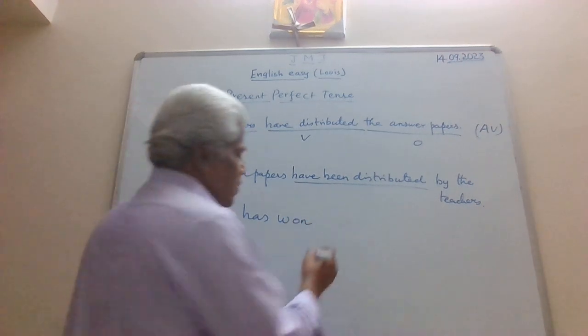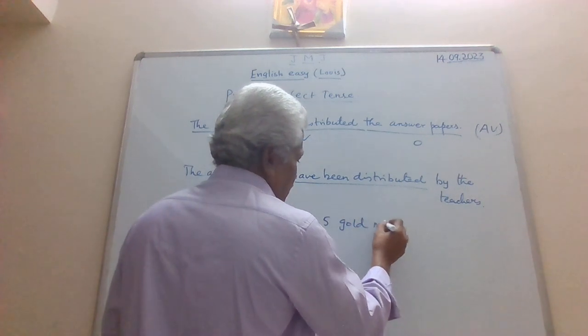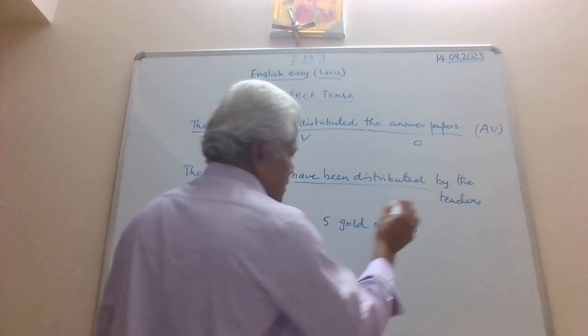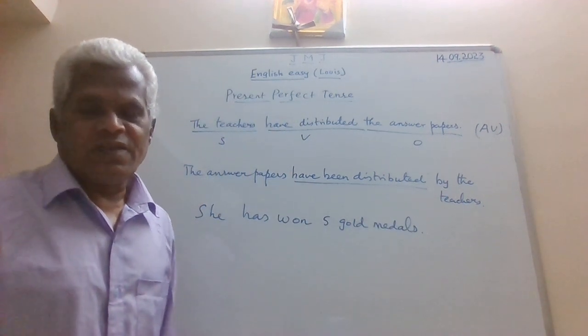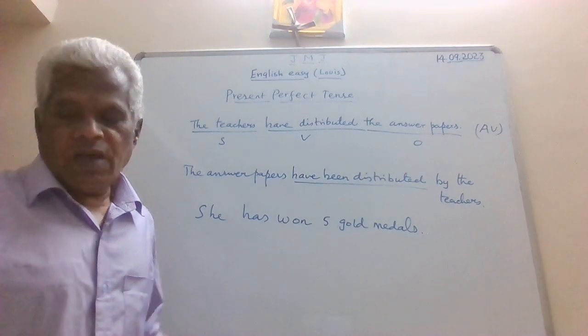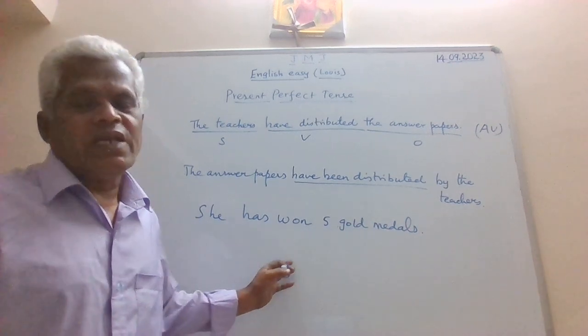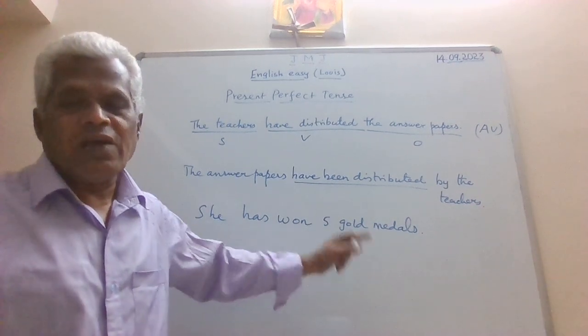She has won 5 gold medals. Or instead of 5 gold medals, you can change the singular object also. She has won a gold medal.